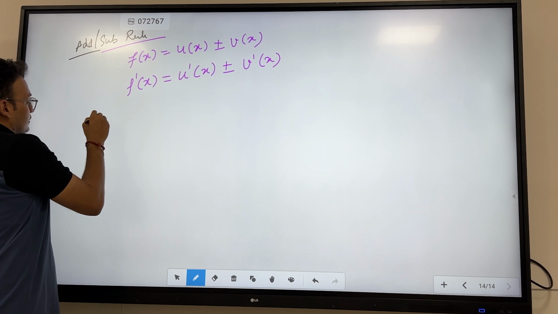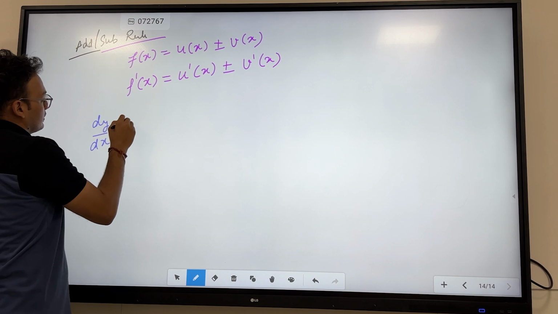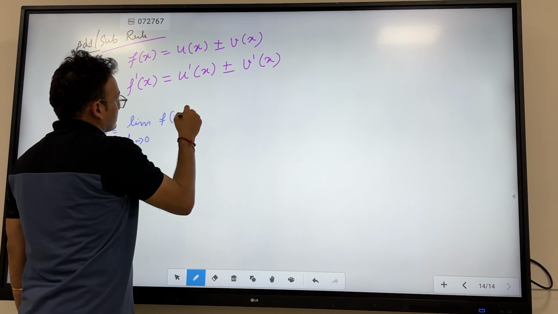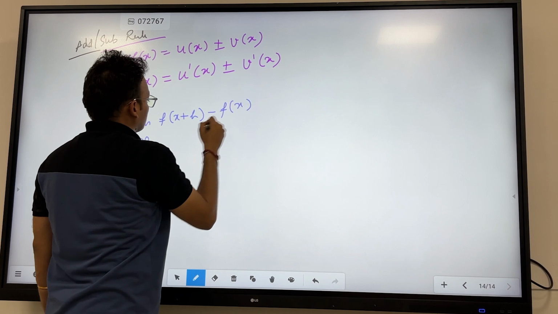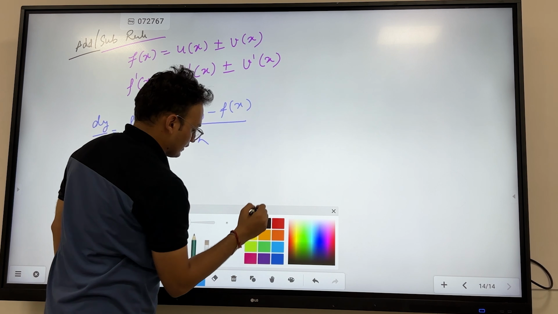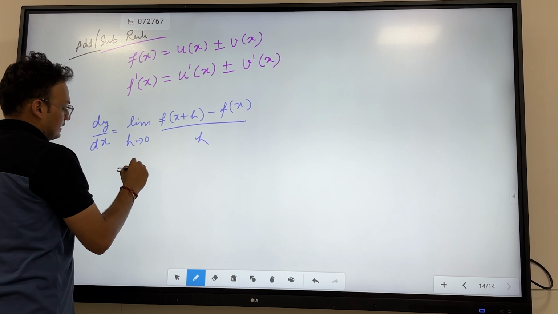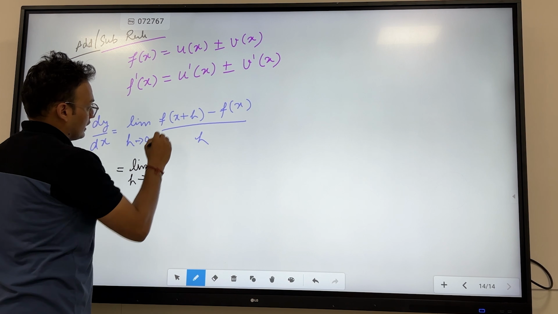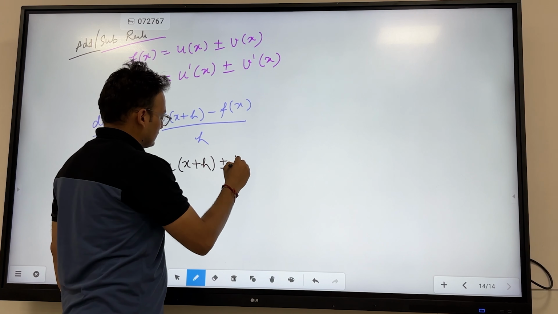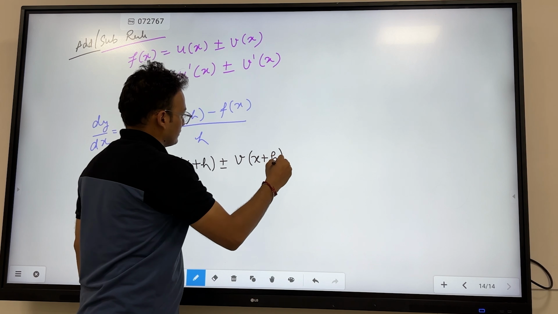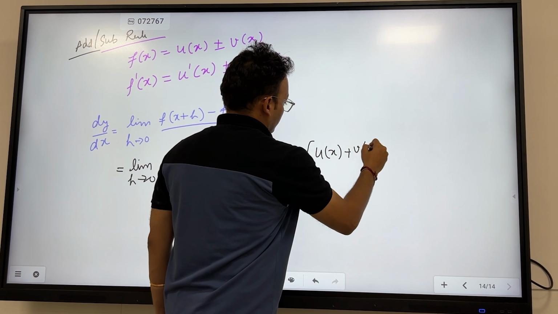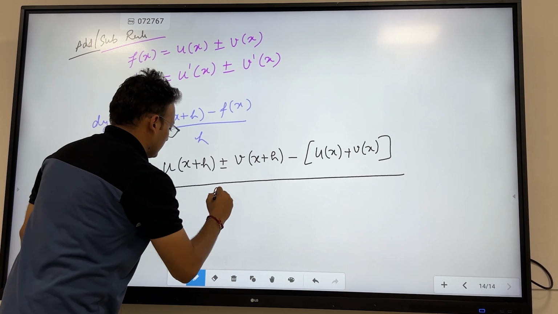So dy over dx will be the limit as h tends to 0 of f(x+h) minus f(x) over h. Right? So can I say the limit as h tends to 0, f(x+h) will be u(x+h) plus minus v(x+h) minus u(x) plus v(x) divided by h.